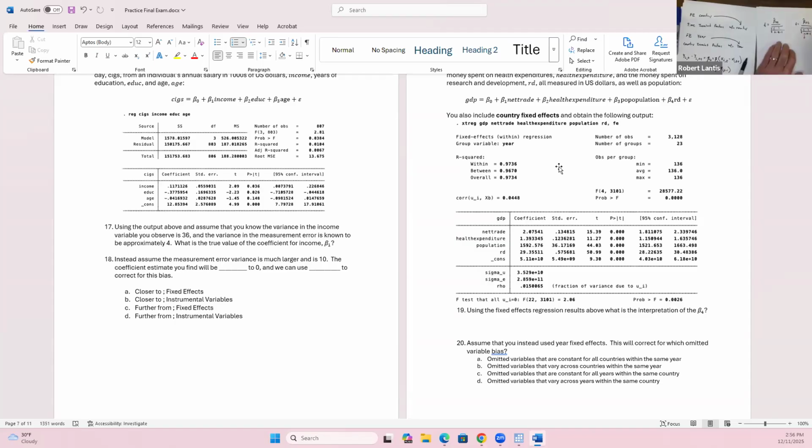So what's going to happen? What does this denominator represent? The standard error of that coefficient estimate. So if the denominator is smaller, the standard error is going to get larger. If my standard error is larger, my test statistic gets smaller. If my test statistic gets smaller, my p-value gets higher, in which case it's going to be less likely I can reject the null, or I lose statistical significance by using that first difference approach.